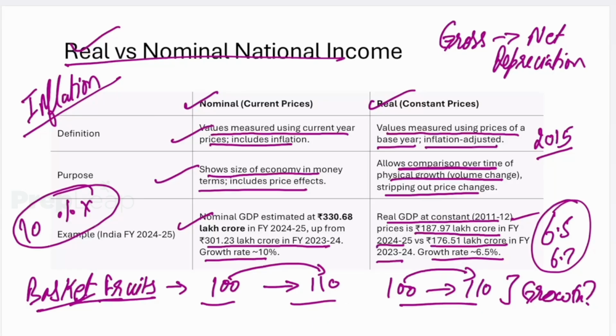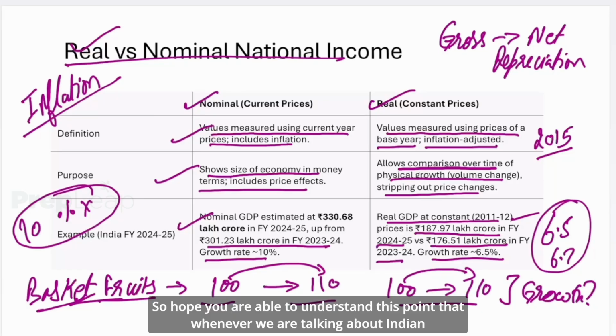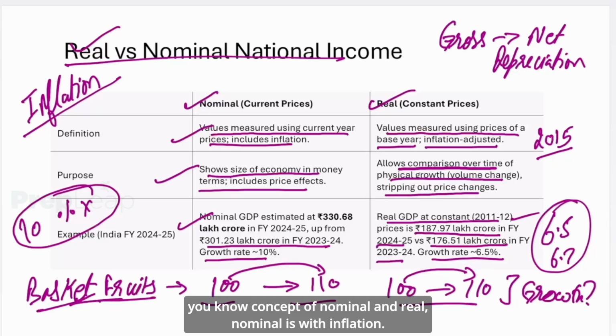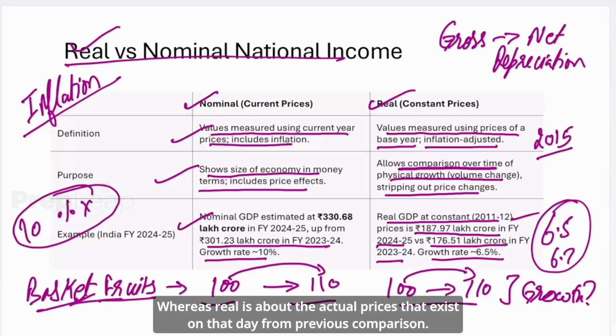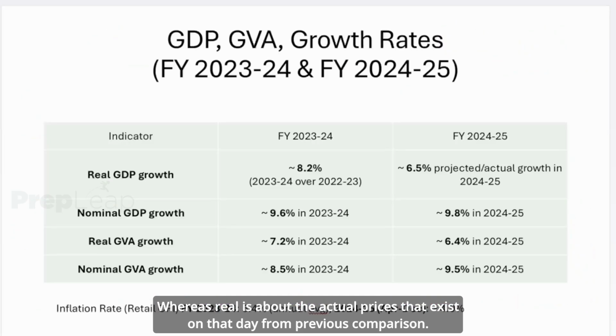Okay, so hope you're able to understand this point, that whenever we are talking about the concept of nominal and real, nominal is with inflation, whereas real is about the actual prices that exist on that day from the previous comparison.